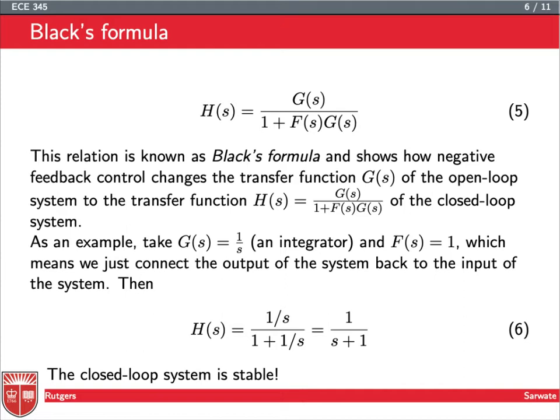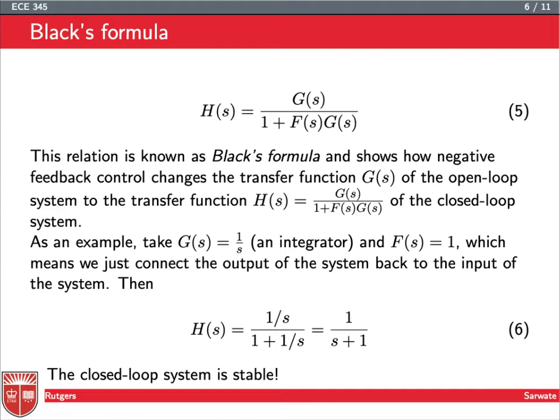That is, the new transfer function is G(s) over 1 plus F(s) times G(s). And it shows how negative feedback control changes the transfer function of the original system, the plant G(s) in the open loop configuration, to this closed loop transfer function, H(s), that we just derived.